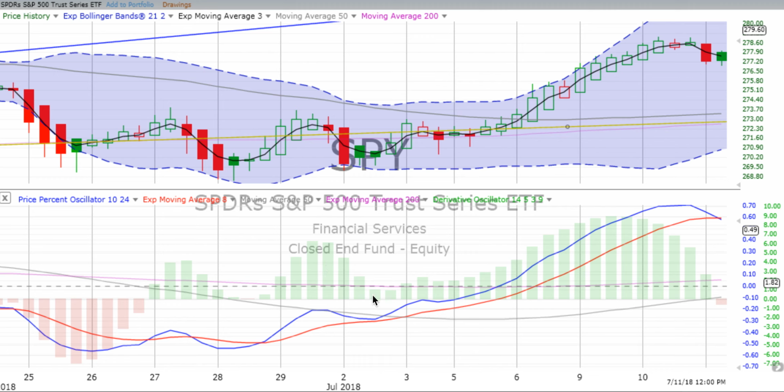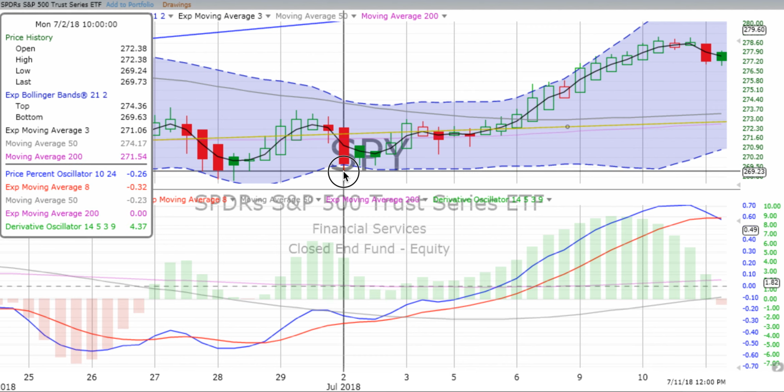But it doesn't go red at that point in time. It actually slides sideways, and we see that telltale solid green candle, actually two of them in a row. But we never have a crossover on the price percent oscillator, and the derivative oscillator never goes negative, which is telling you that it appears things have sort of found a bottom somewhere around 269.23.